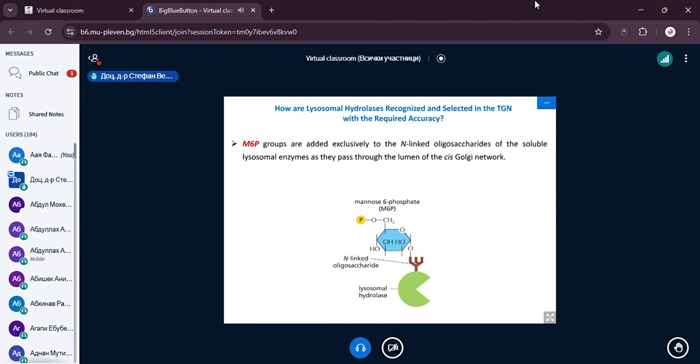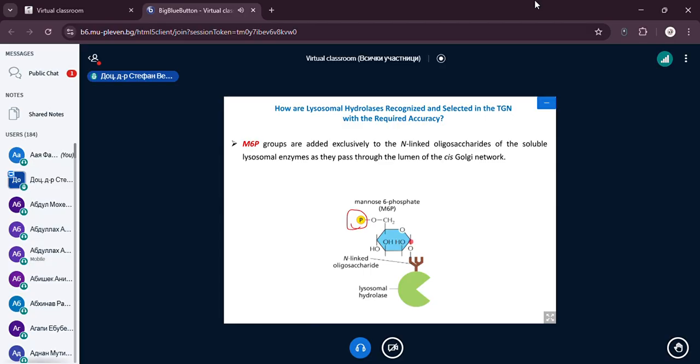Now we will briefly discuss the process of biogenesis of lysosomes, because it is a very specific process. You saw during the first lecture that lysosomal enzymes are produced by ribosomes attached to the endoplasmic reticulum, and these lysosomal enzymes initially enter into the endoplasmic reticulum. Then from the endoplasmic reticulum they reach the Golgi complex, and in the Golgi complex these lysosomal enzymes, lysosomal hydrolases, are marked with a phosphate residue.